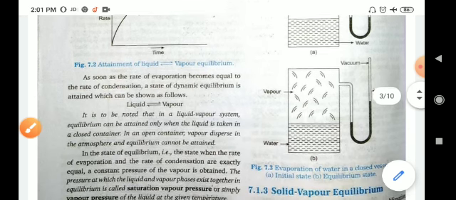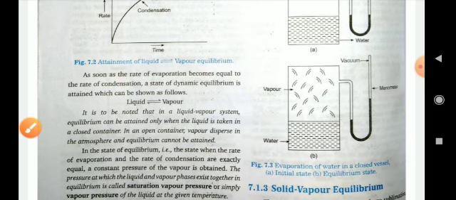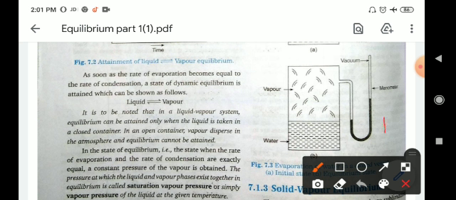As the molecules get vaporized, the mercury reading in the manometer increases. But when equilibrium is attained, the mercury indication stops, meaning the level will not go upward or downward. In that condition, we say that equilibrium is attained.